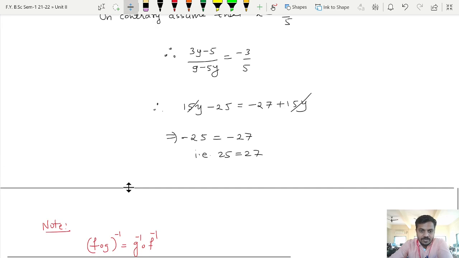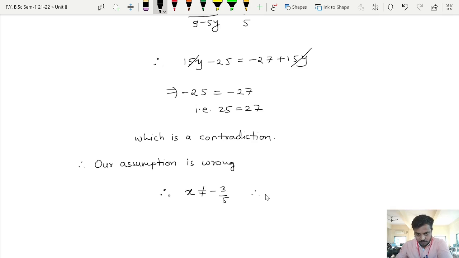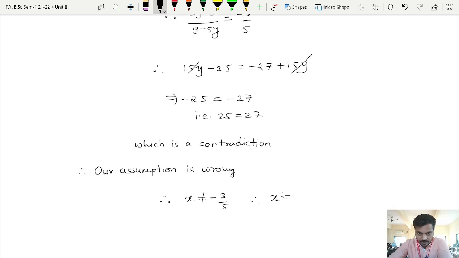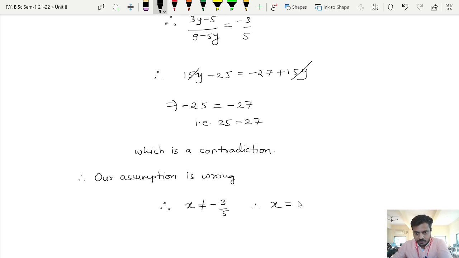So this is a contradiction. Therefore, our assumption is wrong. Therefore, what should be right? Therefore, x is not equal to minus 3 upon 5, and therefore x equal to (3y minus 5) upon (9 minus 5y) belongs to the domain, that is R minus {-3/5}.